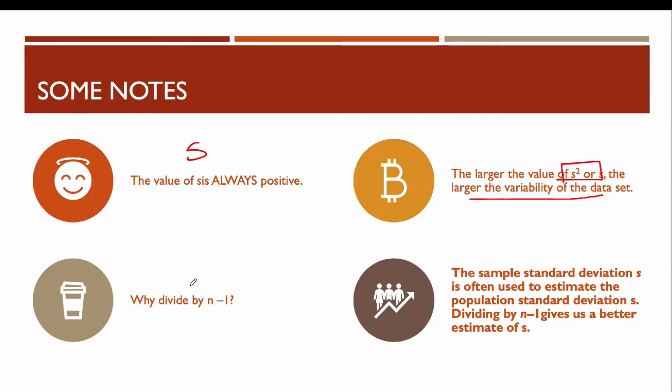And there's something that we have to wonder: why divide by n minus 1? Because the sample standard deviation S is often used to estimate the population standard deviation, and dividing by n minus 1 gives us a better estimate.